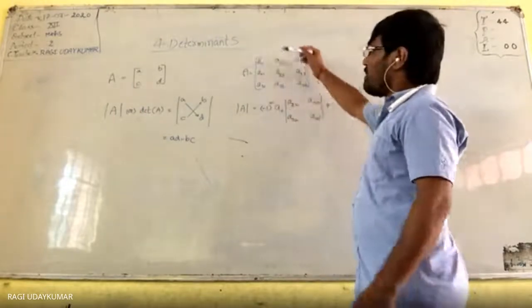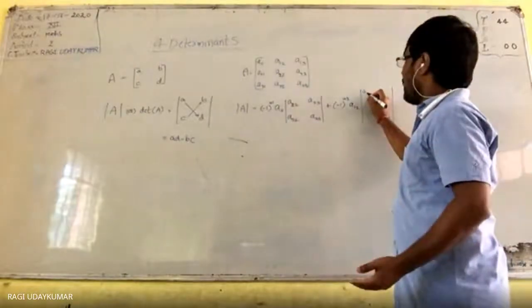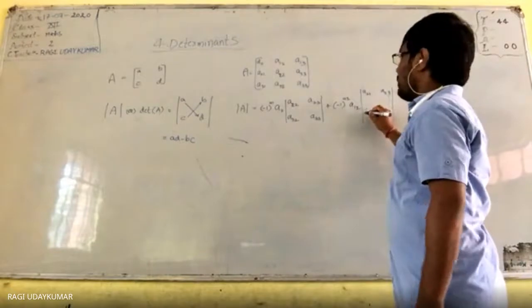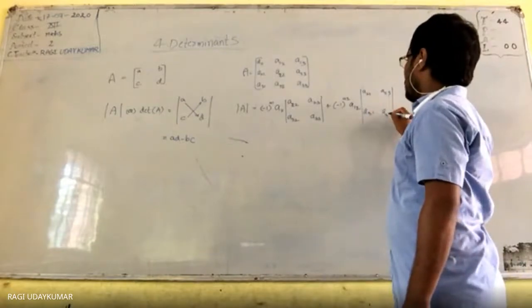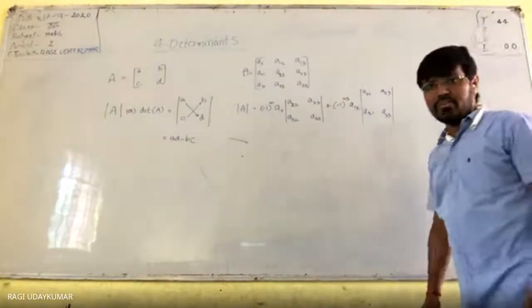Imagine these two deleted. What elements are left over? A21, A23, A31, A33. Okay? Did you get my point?